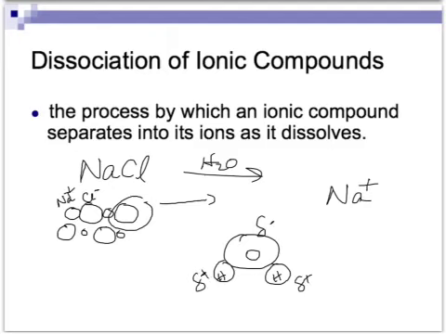That's simply because oxygen is more electronegative than hydrogen, and therefore is going to hog the electrons and end up with a partial negative charge. So the sodium with its positive charge is going to be attracted to the negative end, the oxygen end, of water.